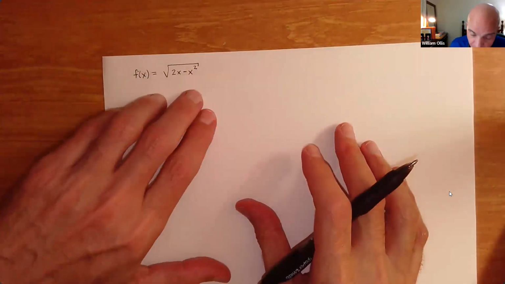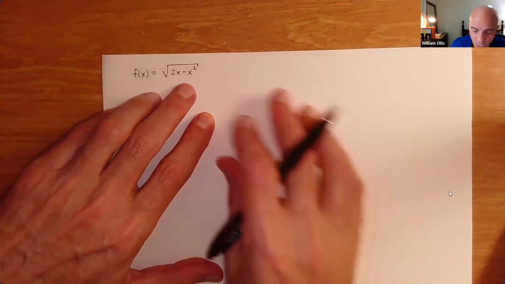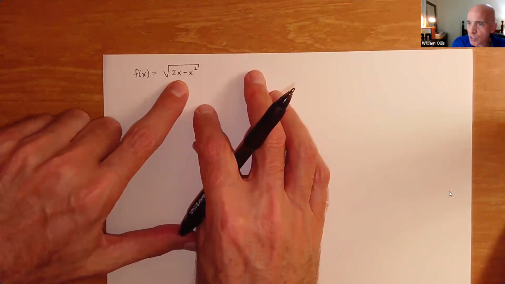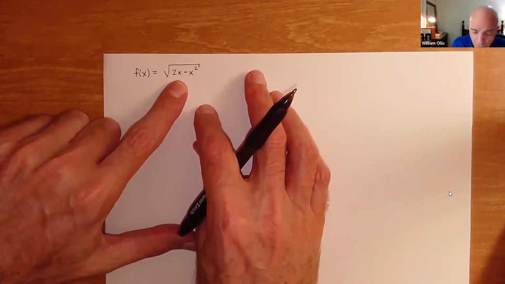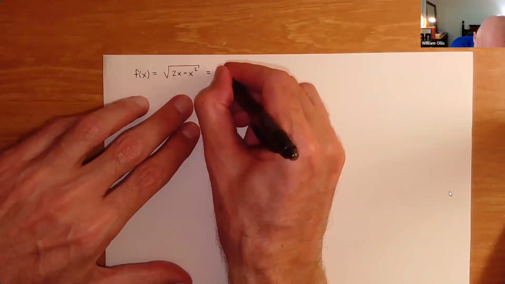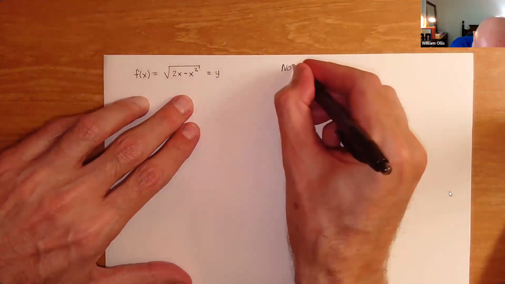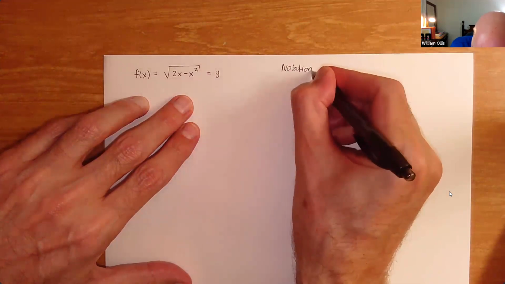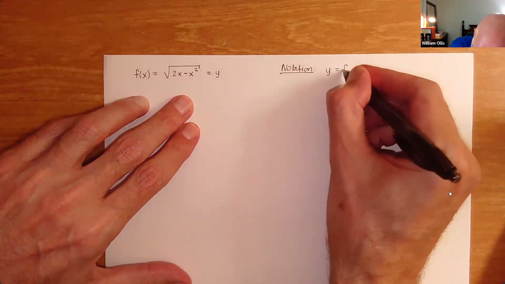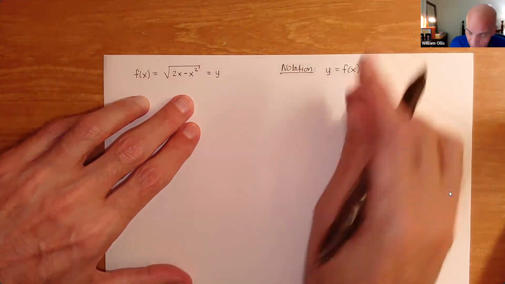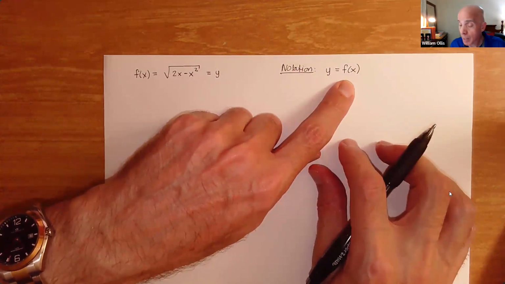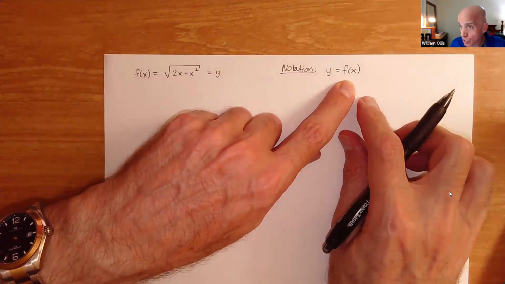Now what's interesting is there's no reason why we have to always say f of x equals the expression in terms of the independent variable. We can just call this y. So often we'll just say y, and we'll use the notation y equals f of x, because the second coordinate is determined by the function equation, so to speak.